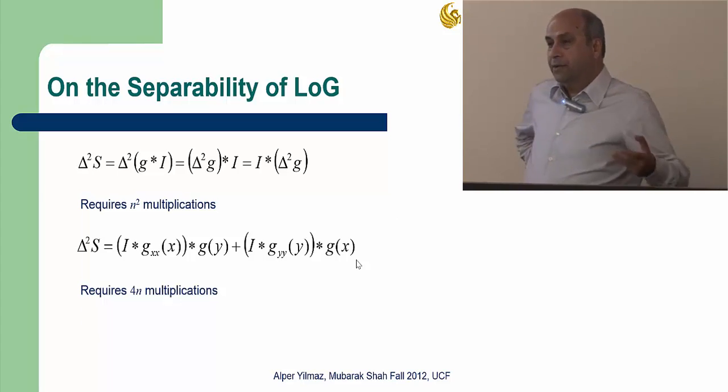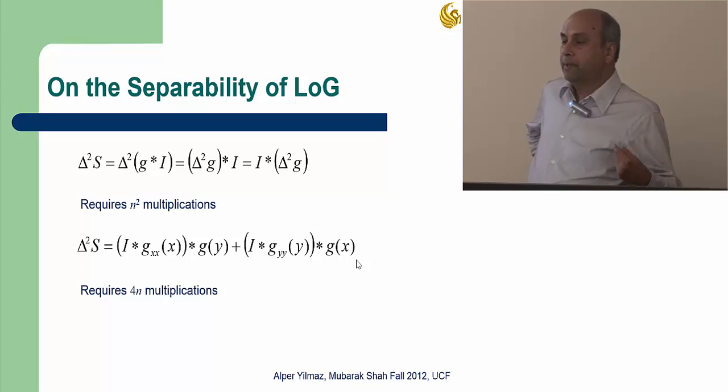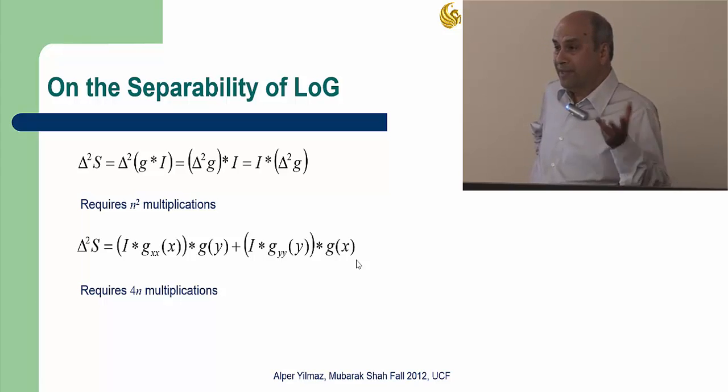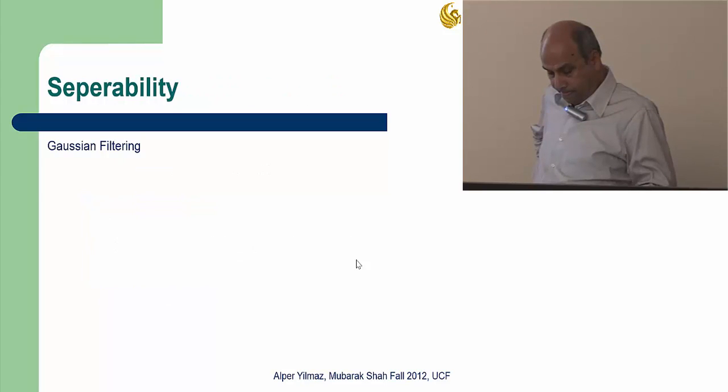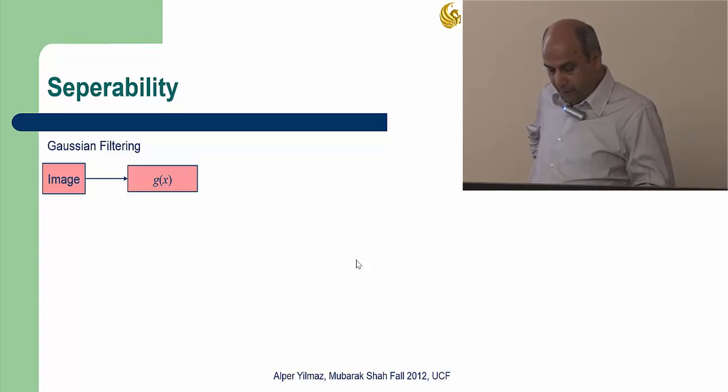So if somebody asks you, is Laplacian of Gaussian separable? You say, well, it's not really separable into 2 1D convolutions, but it's separable into 4 1D convolutions, and that's a way to do it. Okay. So the Gaussian filter is separable. You take an image, apply Gaussian in the x direction, get the result, then apply it in the y direction.